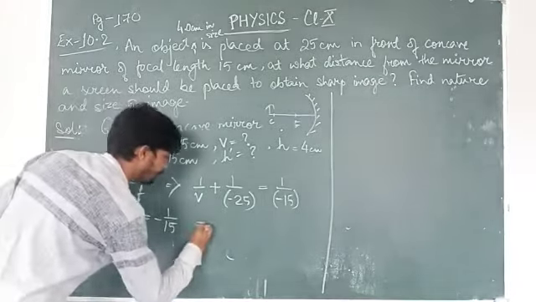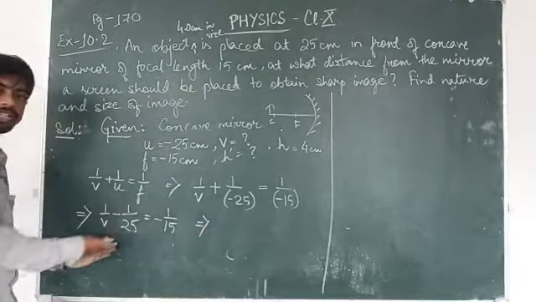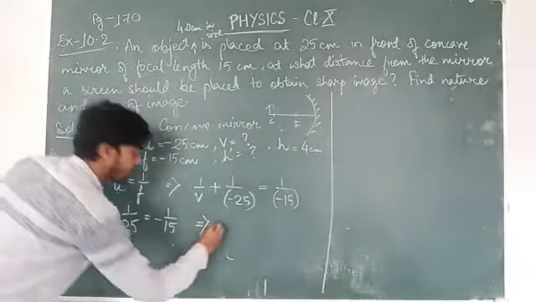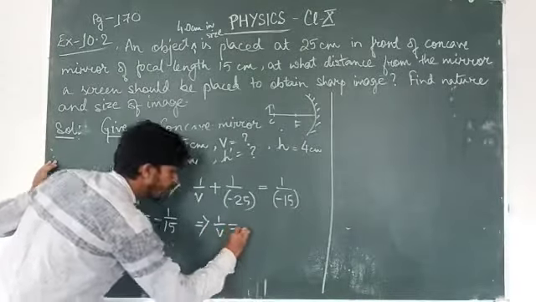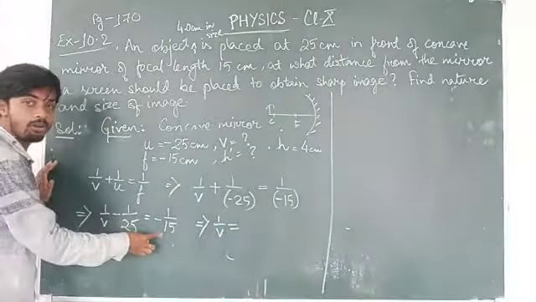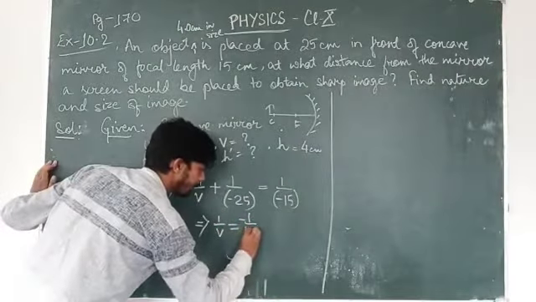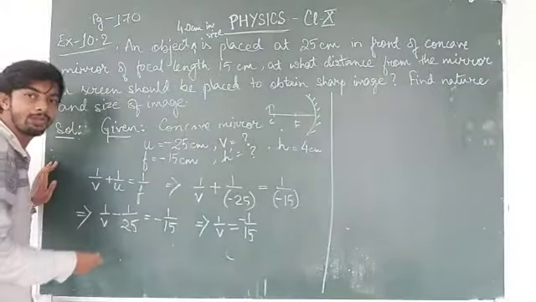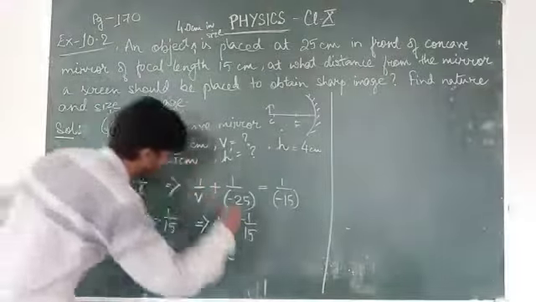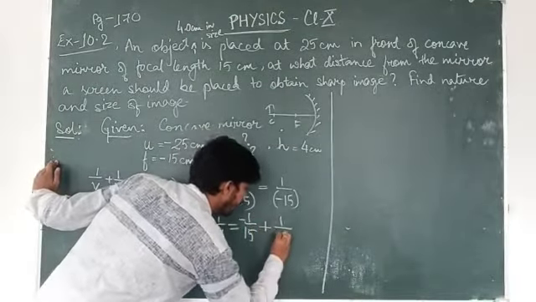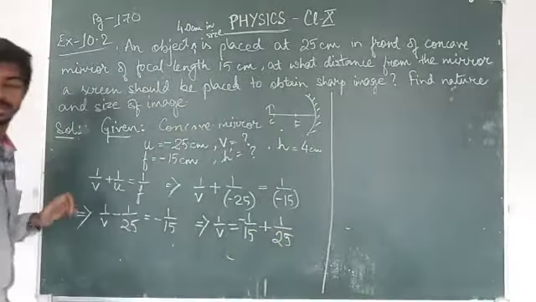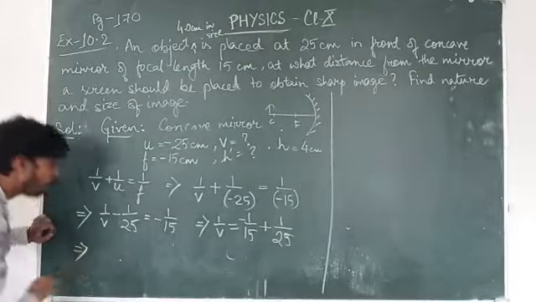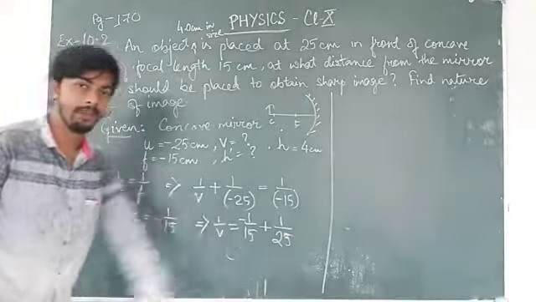Then next step, I will take this minus 25 to the other side, and then it will become 1/v equal to, this is already there, minus 1/15. So when minus 1/25 goes to the other side of the equal sign, the sign will change and it will become plus 1/25. Then we have to take the LCM of 15 and 25.